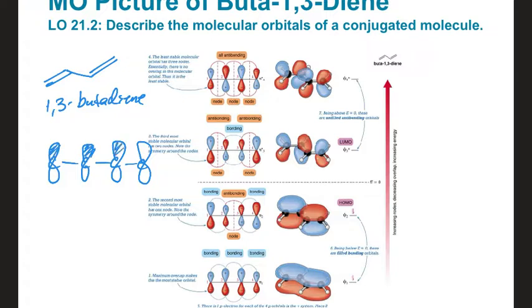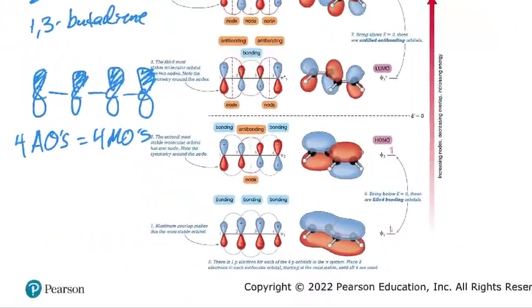And typically we're showing like, hey, all four are lining up and we're getting that pi bond all the way across. But in reality, there's four atomic orbitals. So there's going to be four molecular orbitals. In other words, there's going to be four permutations of these atomic orbitals that give rise to the four different molecular orbitals. And you can see them in this picture.